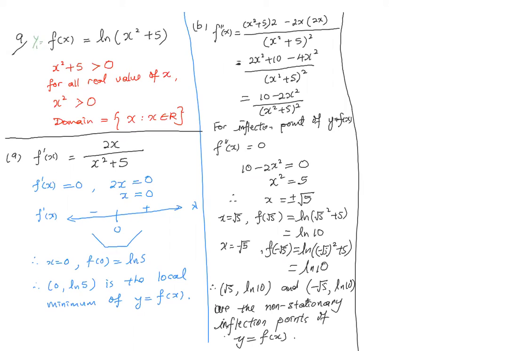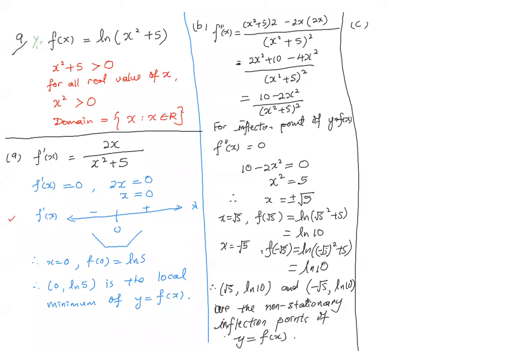So these are the basics that every one of us has to know. So let's go to part C. Find the interval when the function is increasing or decreasing. So I have to look at the f prime x graph. All right.